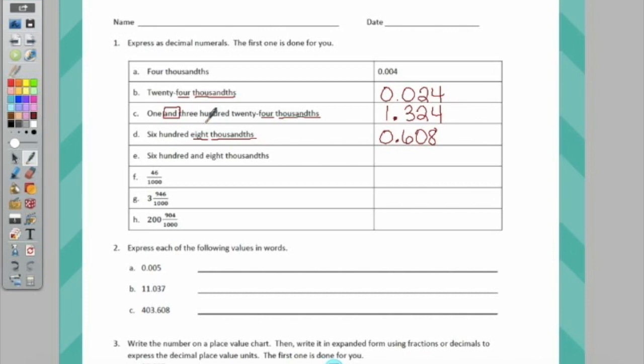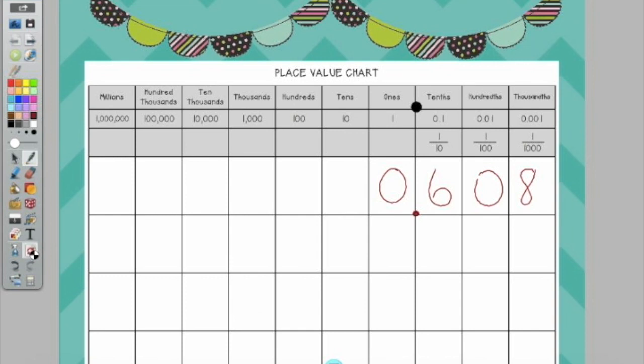The next one does have the word and, doesn't it? Yes. So it's going to look like this, boys and girls. We're going to have a whole number, a decimal, and then decimal place value. Is my place value thousandths pretty important? Yes. Okay. So on the place value chart, 600 and. What comes in front of the decimal?